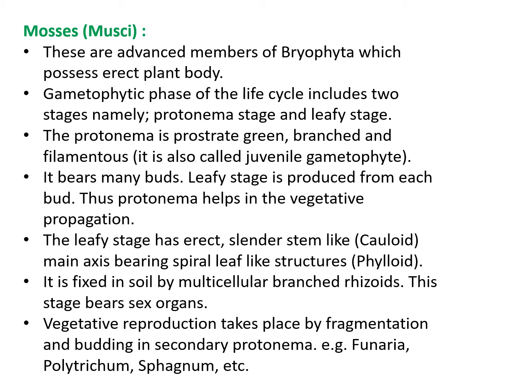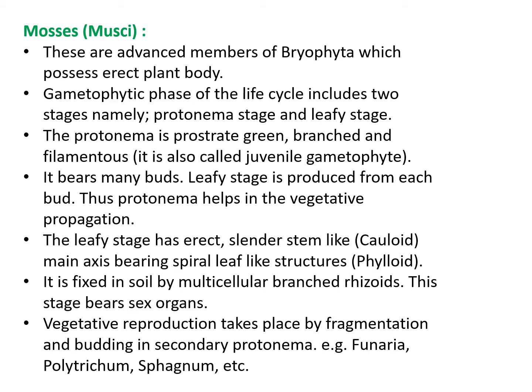The protonema is prostrate, green, branched and filamentous. It is also called the juvenile gametophyte. It bears many buds. The leafy stage is produced from each bud. Thus, protonema helps in vegetative propagation.